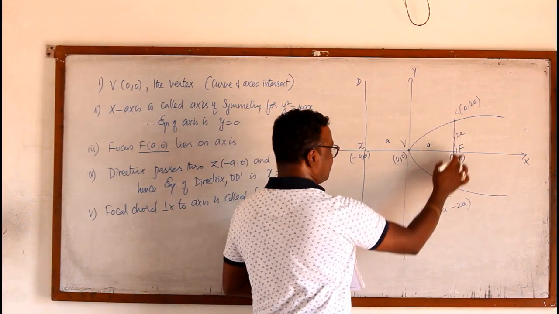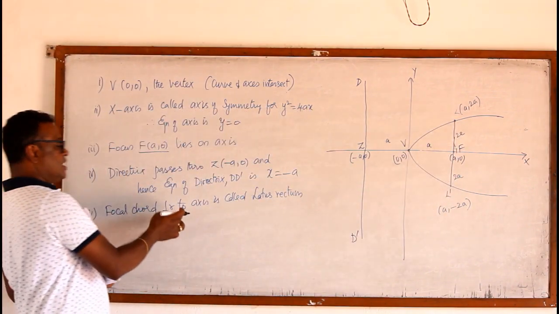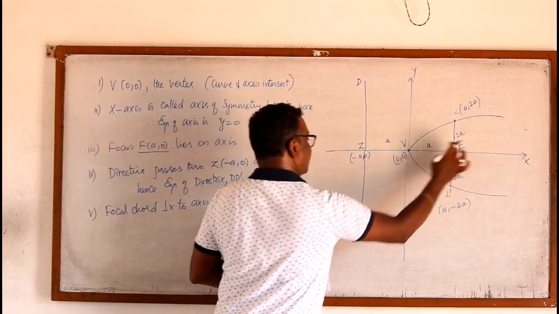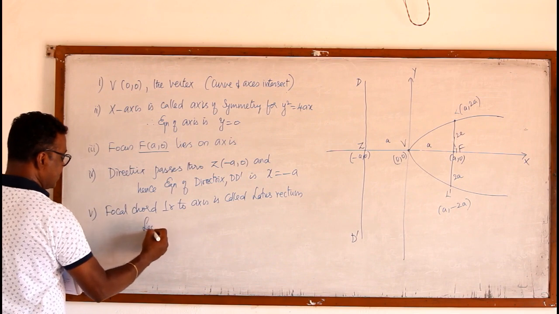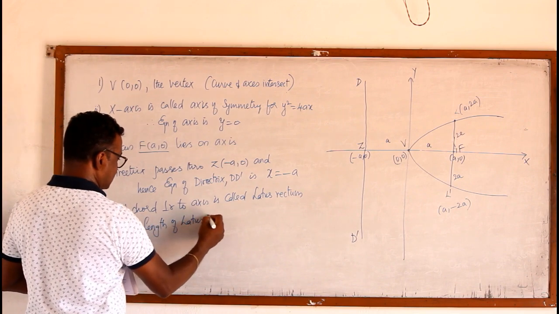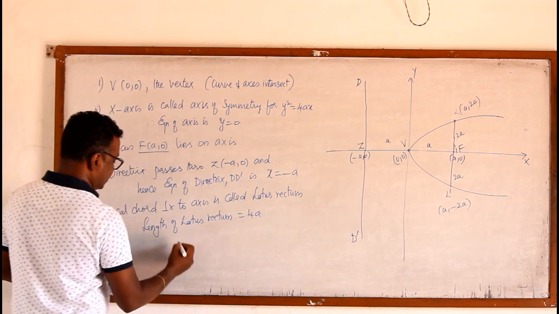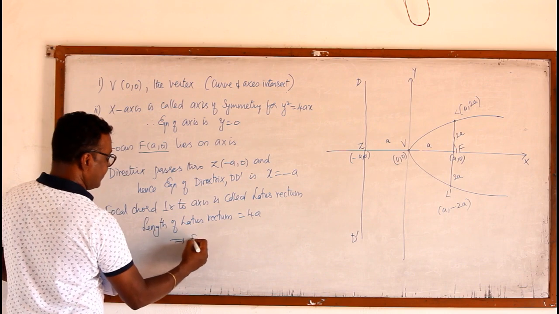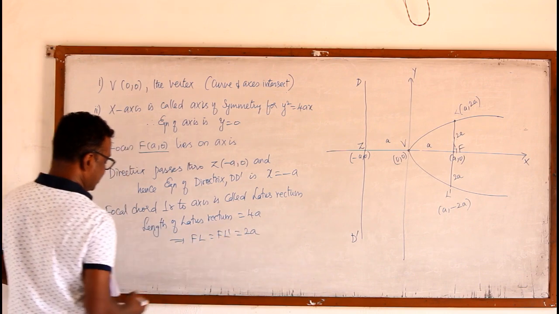This is the chord passing through the focus, hence it is called a focal chord, and that focal chord is again perpendicular to the axis, and hence it is called the latus rectum. Then the length of the latus rectum is 4a. That is, this implies FL equal to FL' equal to 2a.